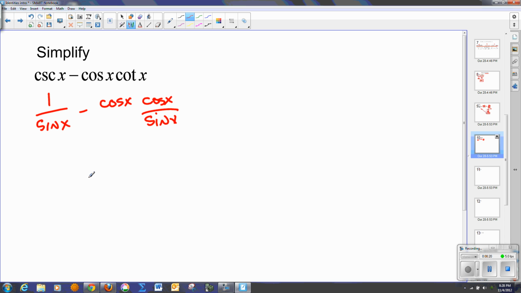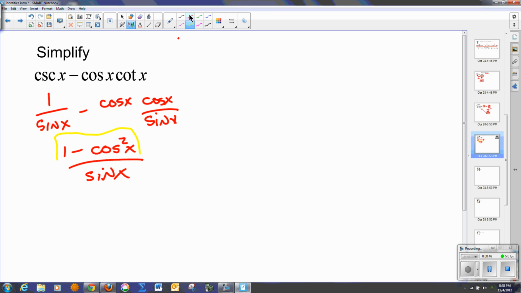Now, I look at this and say, well, I have fractions and I'm going to be subtracting. I better have a common denominator, and I do. I have 1 minus cosine times cosine is cosine squared all over the sine. Now you'll notice I have this term in the numerator.